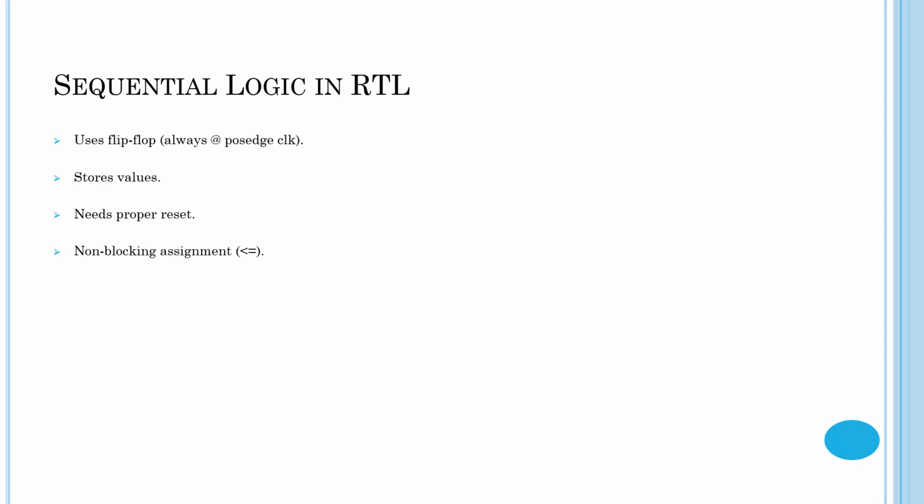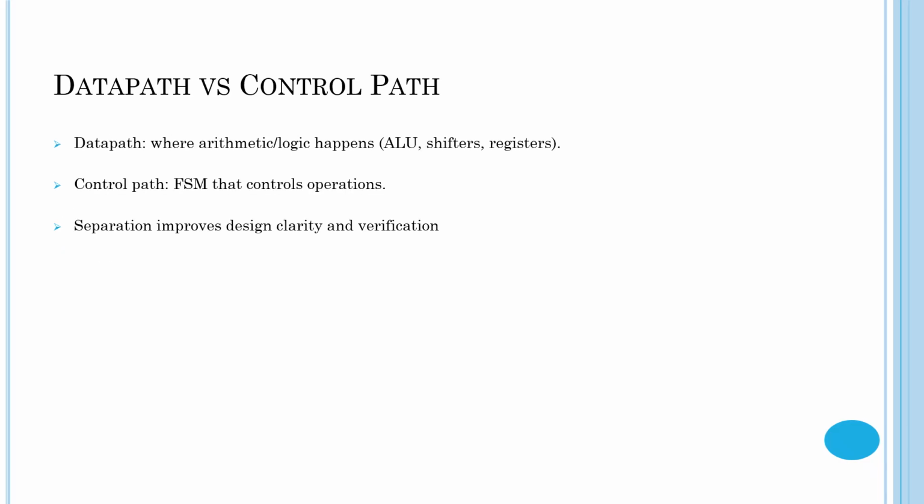Sequential logic forms the backbone of digital systems, implementing registers, counters, state machines, control logic, and pipelines. It ensures that the design processes data in a controlled and timed manner from one clock cycle to the next. So, in summary, sequential logic captures data using flip-flops on the clock edge, requires proper reset handling, and uses non-blocking assignments to accurately model real hardware behavior.